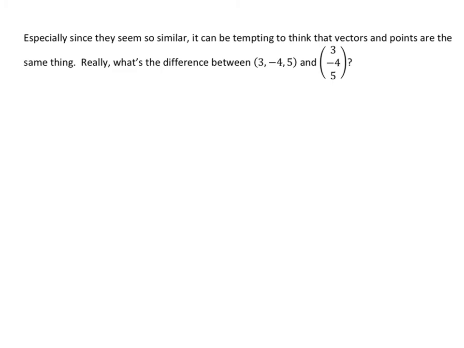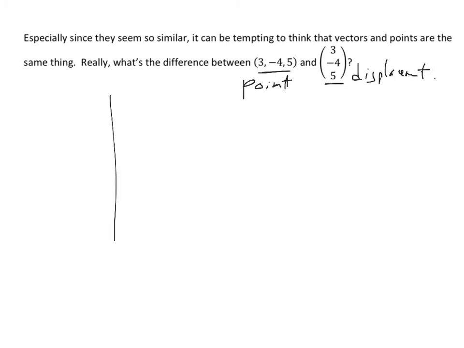Since they seem so similar, it can be tempting to think that vectors and points are the same thing. And really, what's the difference between this point and this vector? The difference is that this is a point. It literally locates a point in space, whereas this thing represents a displacement, right?